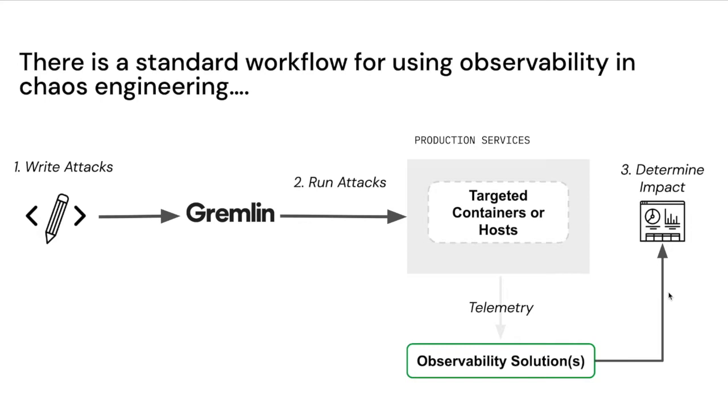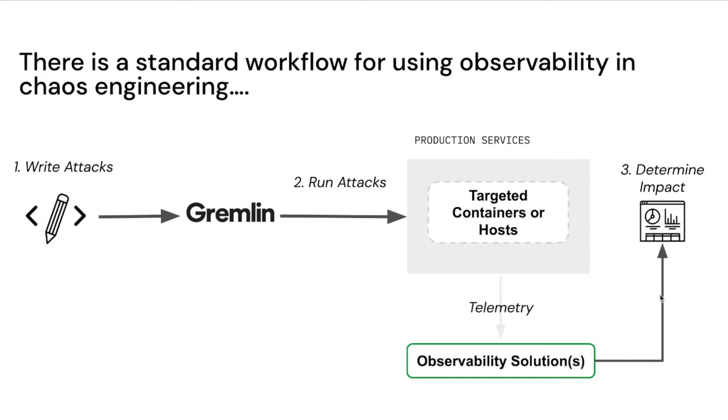Some intentional change goes out. That change gets measured using various types of telemetry, metrics, logs, traces, you name it. That gets sent to an observability solution. And from there, you're probably going to jump into a dashboard or some sort of user interface. Maybe you're also using command line tools to understand, well, what actually happened there. So it's pretty well understood how that works.